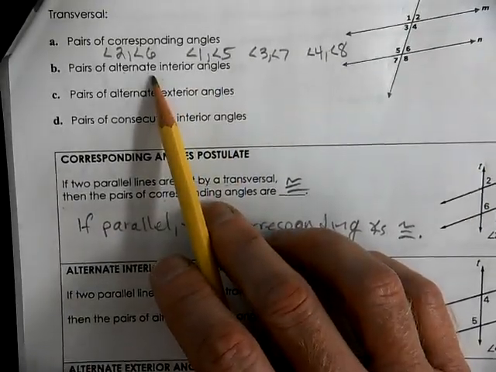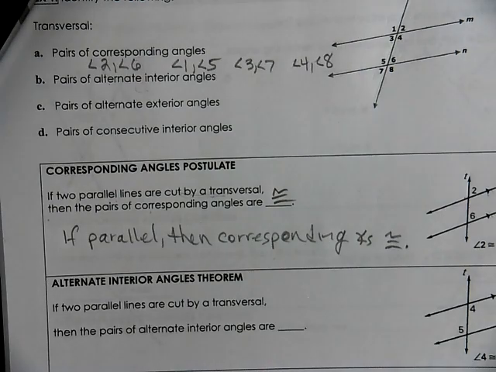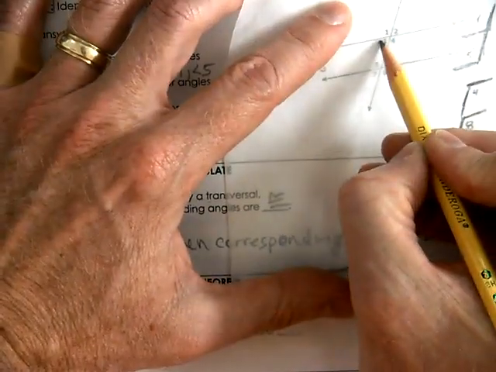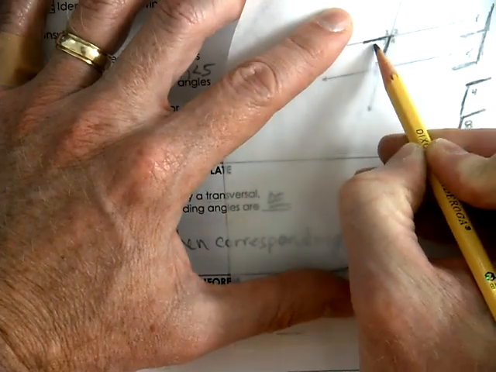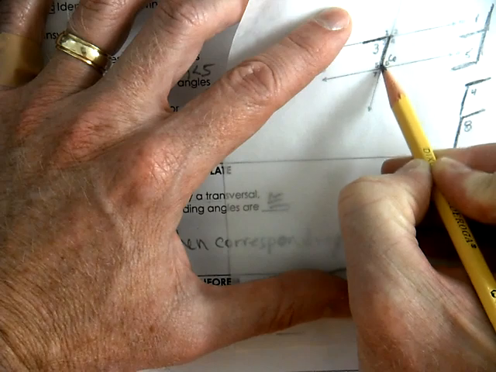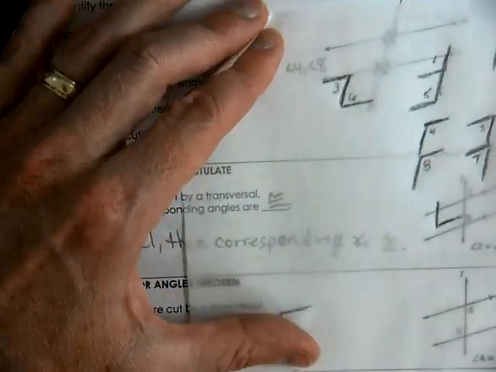Let's look at alternate interior. Which angles up here are alternate interior, or making a zigzag? 6 and 3. We have 6. Well, I guess that's 3. And we have 6. And you notice that that makes like a perfect zigzag.